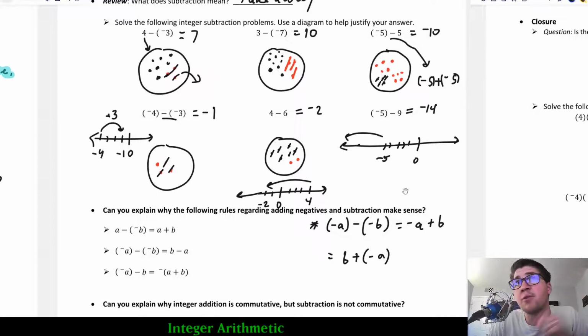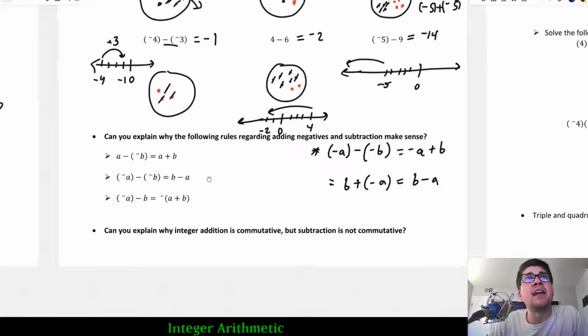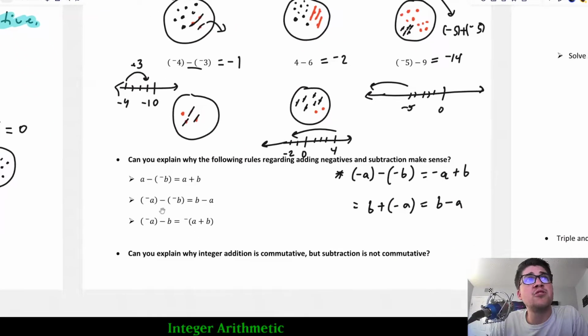It's good practice to do so, but they're not mandatory. But now notice that since addition is commutative, I have b plus negative a. Well, of course, as we know, adding a negative is the same as subtracting. That's this rule right here. So what I've just shown is that negative a minus negative b is equal to b minus a.